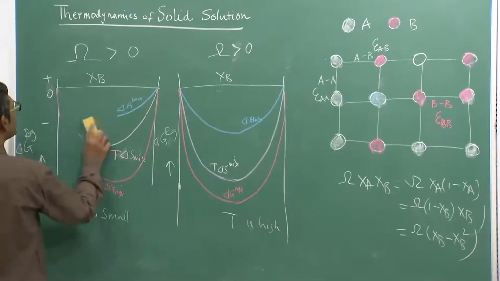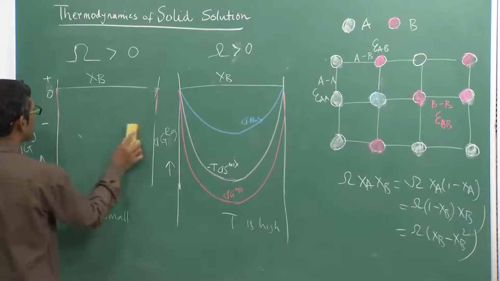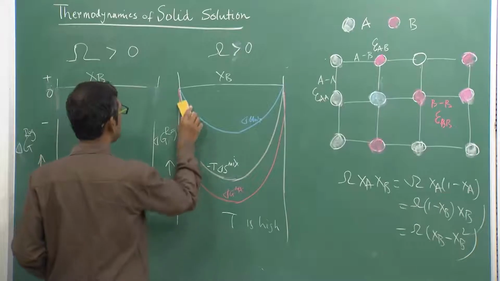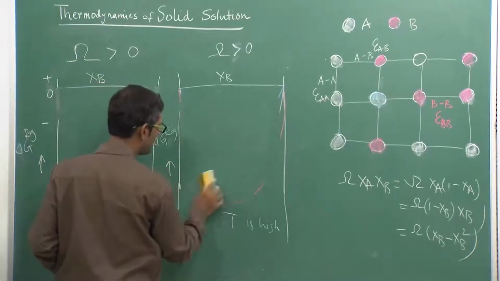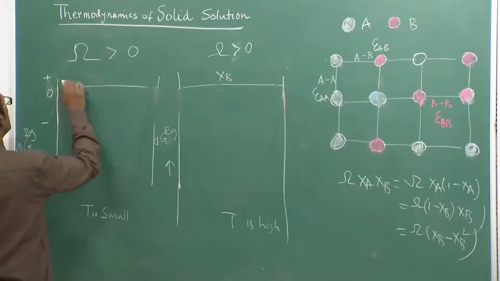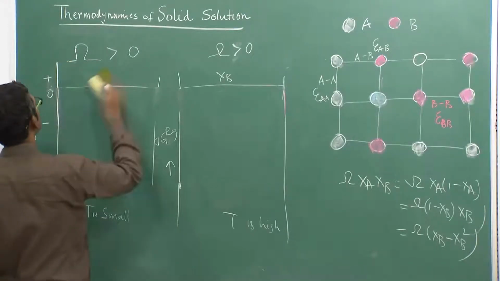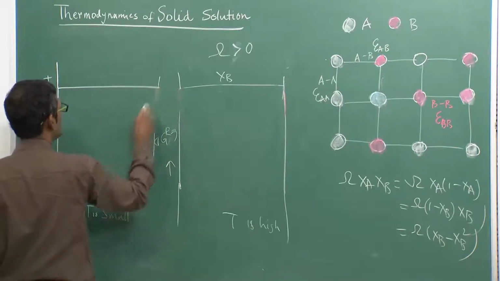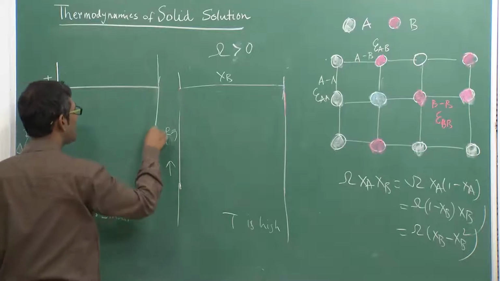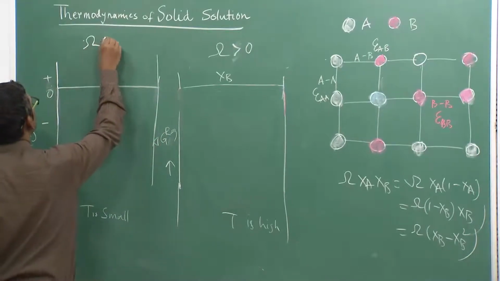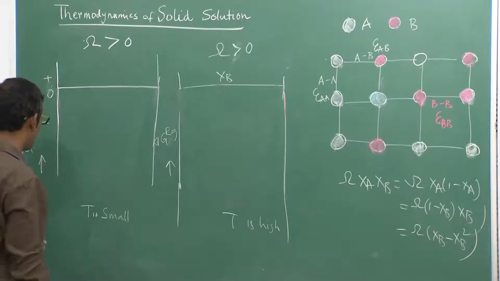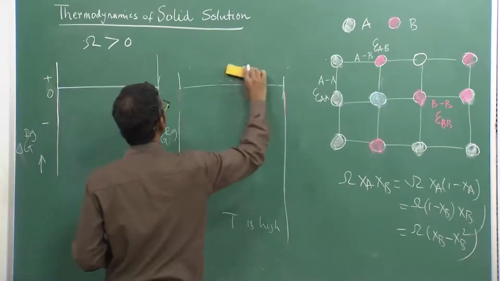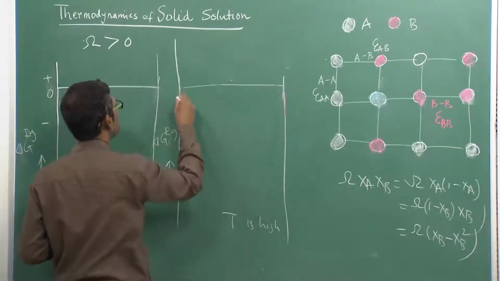Simply, I erase these color plots and make the same plots on these, so that you can follow it more. Only thing we have to do is increase the y axis, because now omega is more than 0, so we need to plot it on the positive axis also.